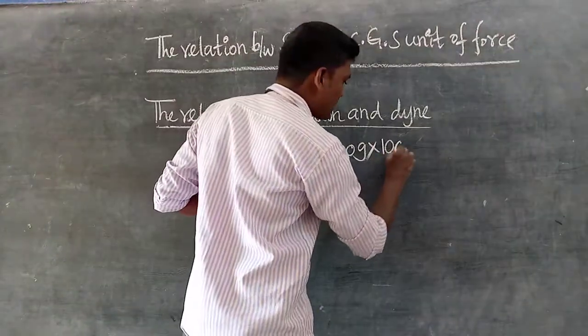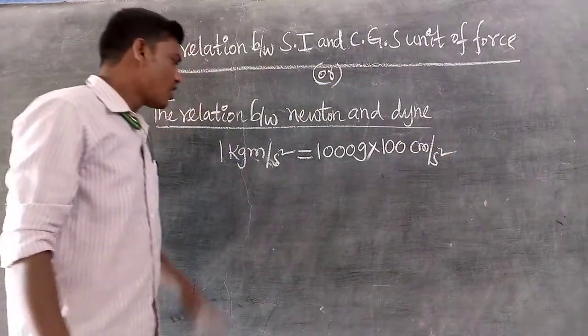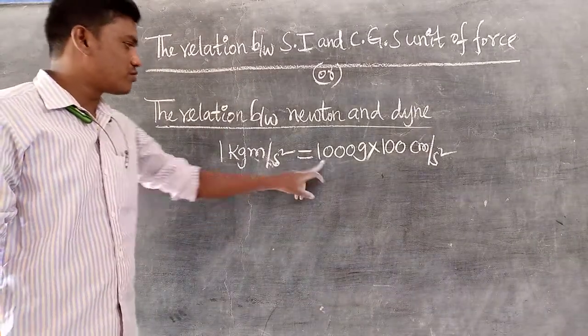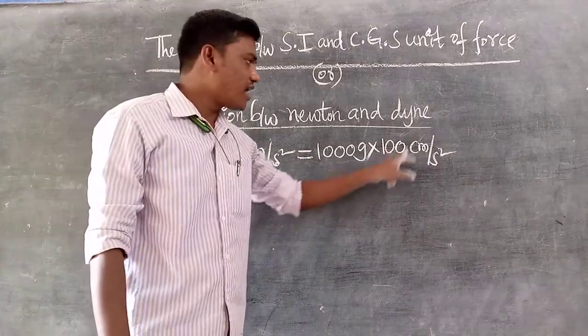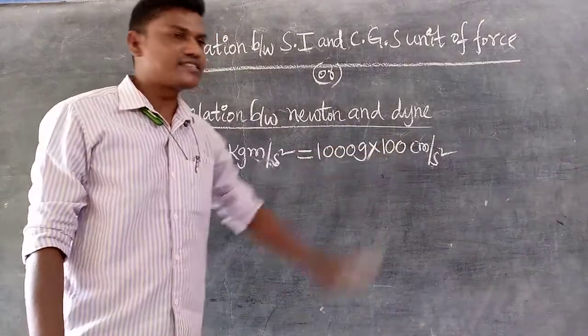That's why 100 centimeter per second square, because 1 second is equal to 1 second only. So 1 kilogram is equal to 1000 grams, 1 meter per second square is equal to 100 centimeter per second square, because 1 meter is nothing but 100 centimeter.